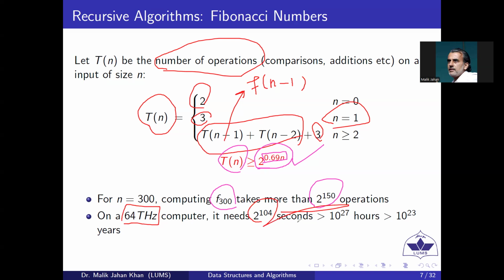If we convert those seconds to years, that turns out to be 10 raised to the power 23 years. Just imagine 10 raised to the power 23 years. 10 raised to the power 2 is 100 years, so we are putting 23 zeros after 1, and that many years are required to compute f of 300, which is not a very large Fibonacci number, if you go with the logic we've just seen in our previous slide.